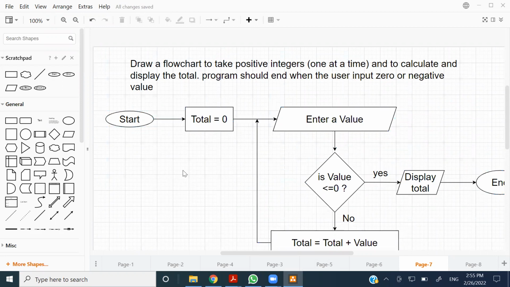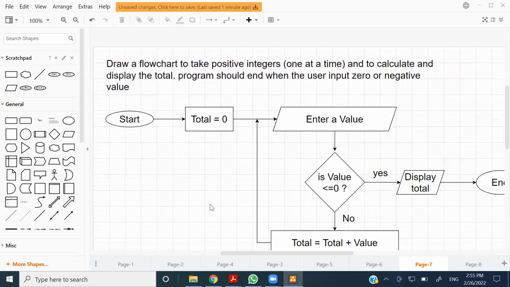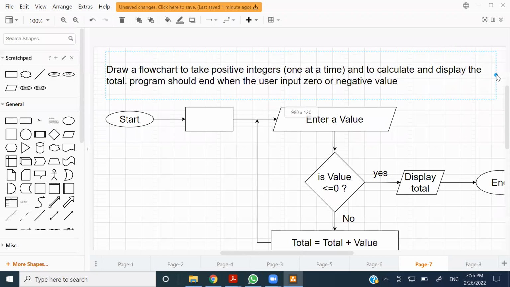Yes, now I'm going to take the help of this flow chart. So what we are going to do here is, we don't need the total, so I'm getting rid of it. And as the question says, it is asking you to enter a positive value.